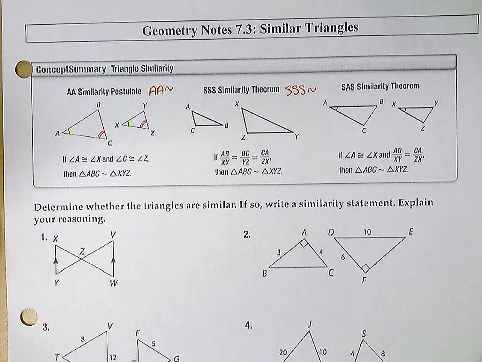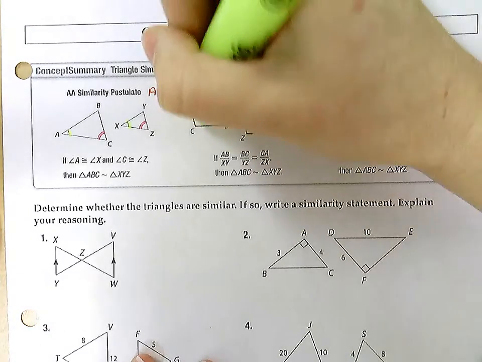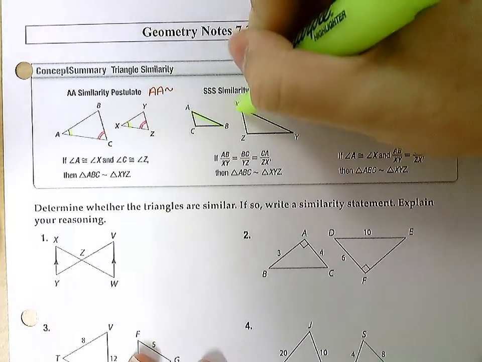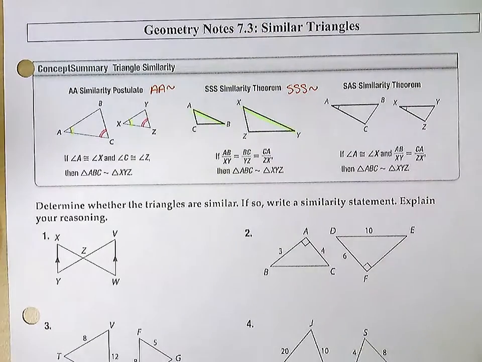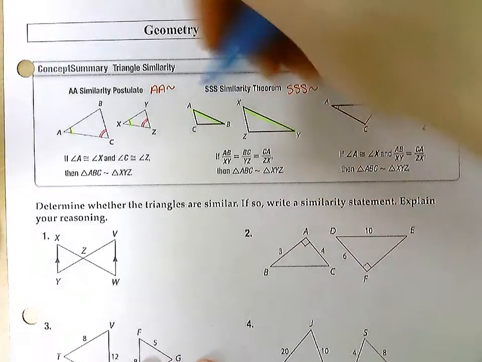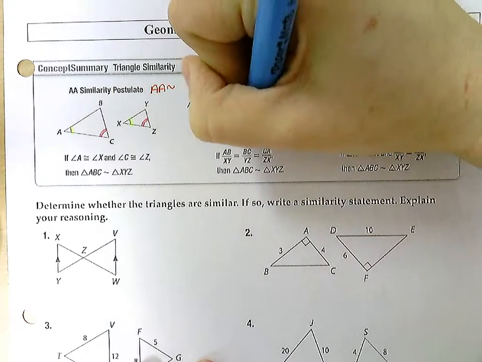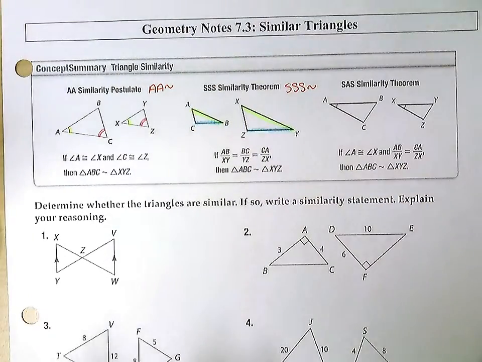So it's kind of like what we were doing yesterday. So if I have side AB and its corresponding side XY, and I write out that ratio, it has to equal side BC to its corresponding side ZY.